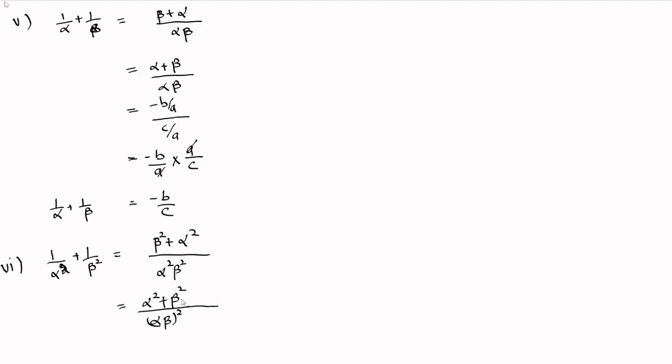Now, similarly, we will add 2 alpha beta and subtract 2 alpha beta to make it a whole square. So 1 over alpha square plus 1 over beta square is equal to alpha plus beta whole square minus 2 alpha beta divided by alpha beta whole square.